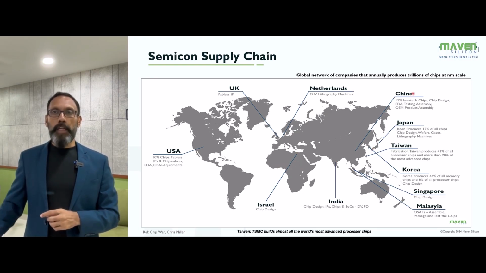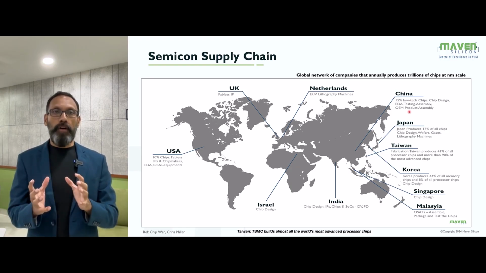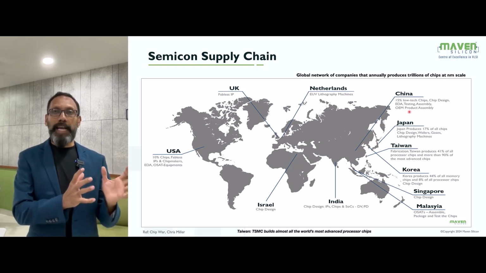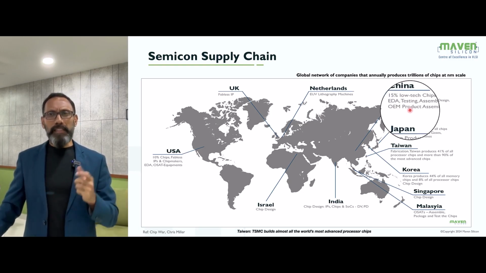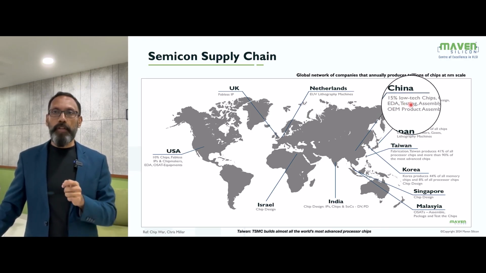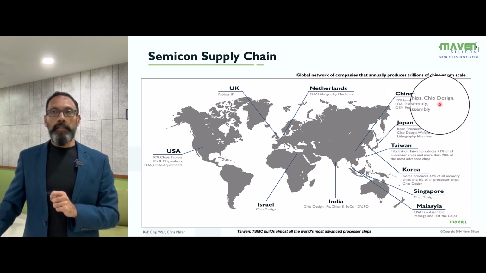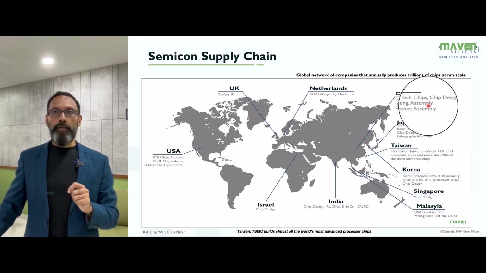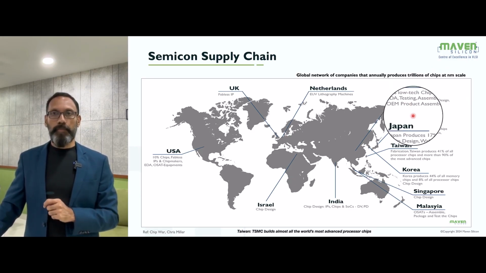And China is very popular for product assembly. They work for OEMs like Apple, Dell, they make the final product. And there is some amount of fabrication happens, only 15%, primarily for the low technology nodes. And China is also popular for fabless IP, EDA, and testing.